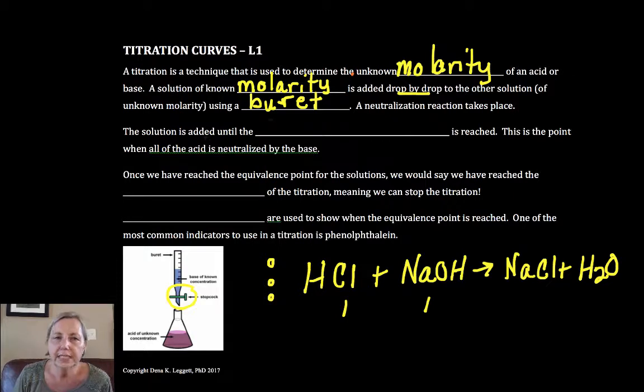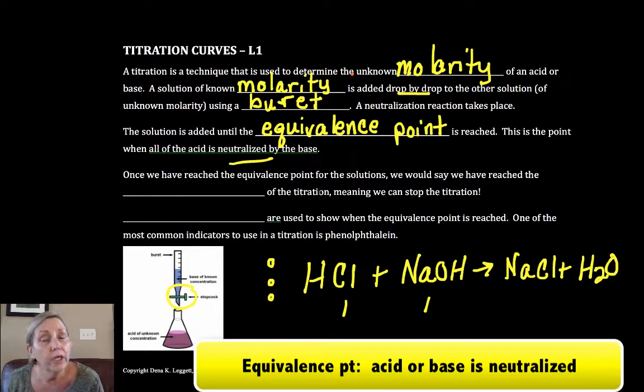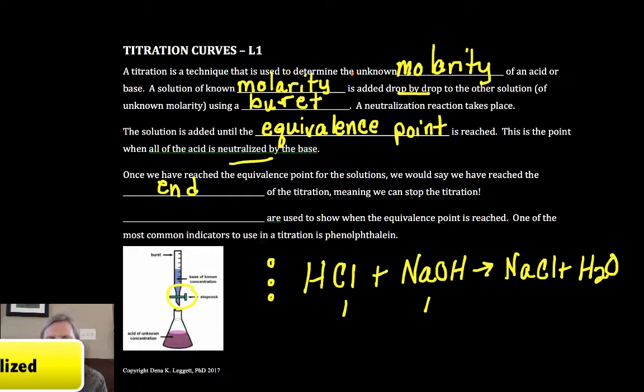That point at which we have exactly that 1-to-1 mole ratio is called the equivalence point. Okay, and this is the point at which the acid is fully neutralized by the base, or conversely, a base is fully neutralized by an acid. Okay, when we've reached that, we've reached the end of the titration.